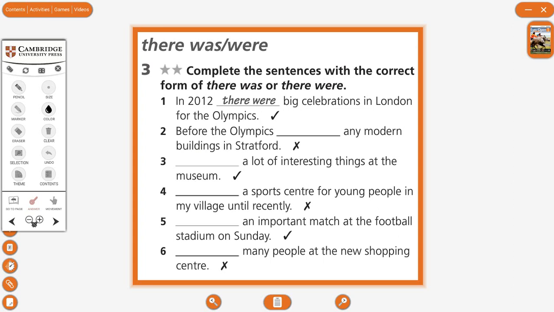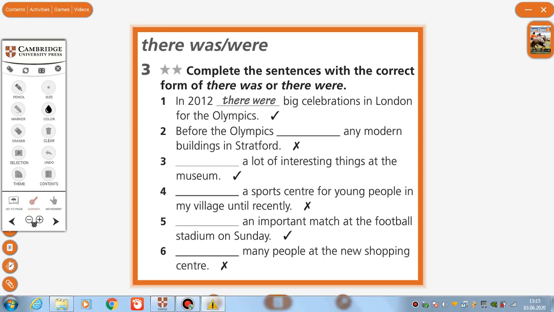There was is used with a singular countable noun and an uncountable noun. There were is used with plural countable nouns. Don't forget that. On the other page, we remind these subjects again.